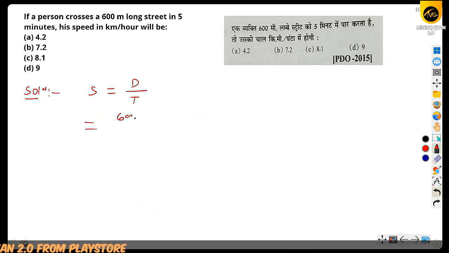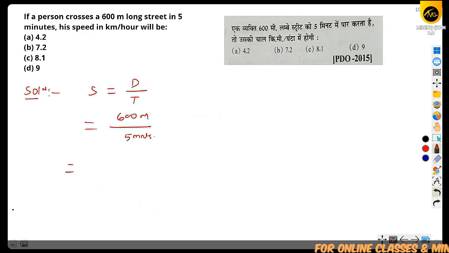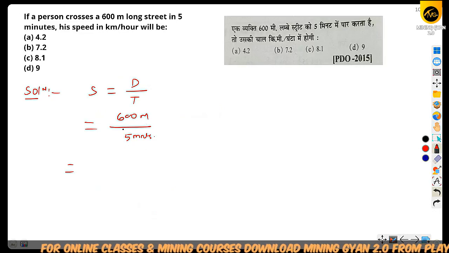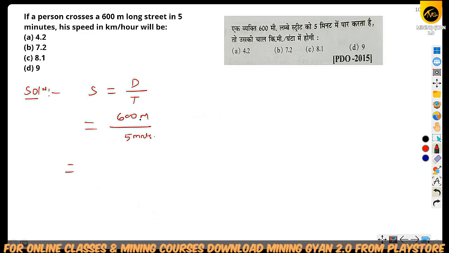Speed is the 600 meter and time interval is 5 minutes. So just balance the units and you will get the correct answer in the form of kilometer per hour. We have to convert meter into kilometer and minute into hour.